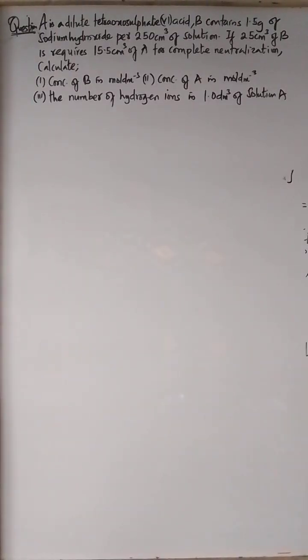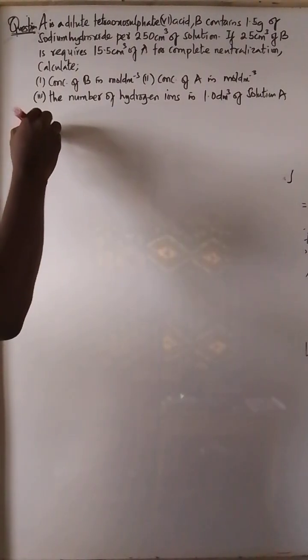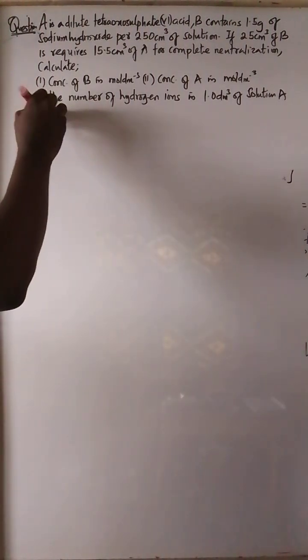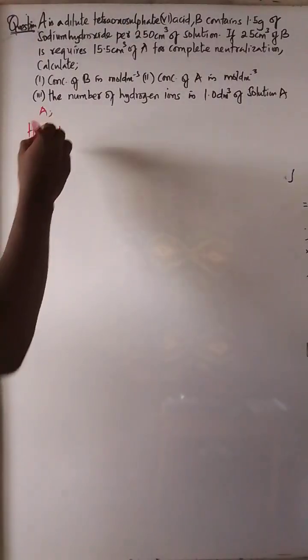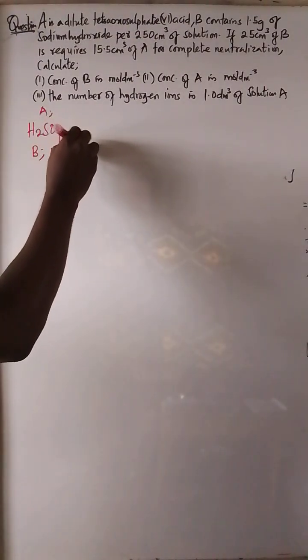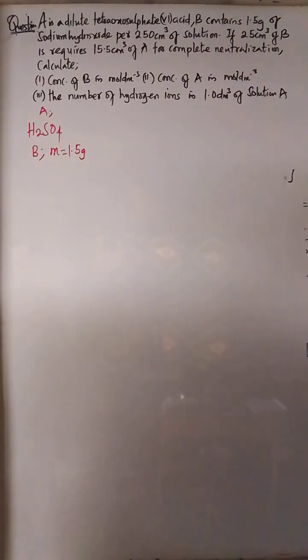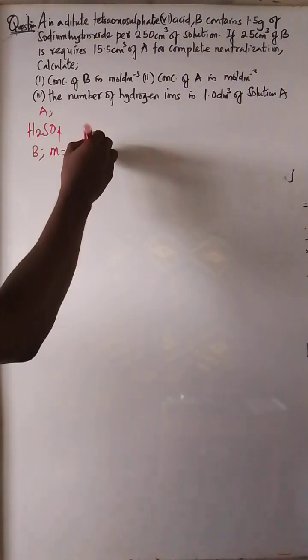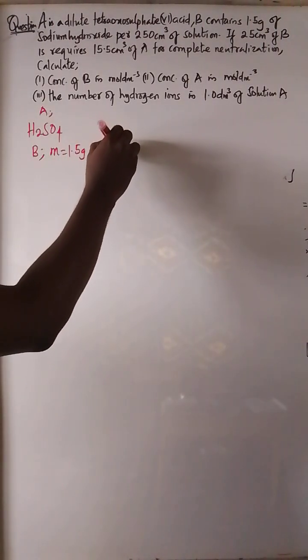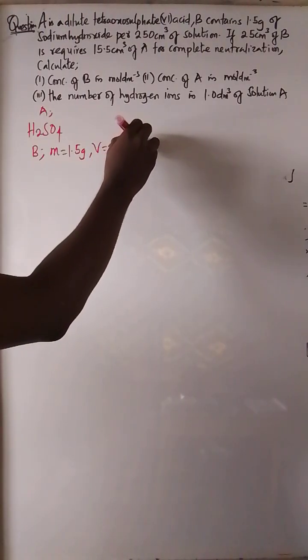A is a dilute tetraoxosulfate(VI) acid, that's H2SO4. So this is A. B contains 1.5 gram, that is mass, of sodium hydroxide per the volume 250 cm cube.